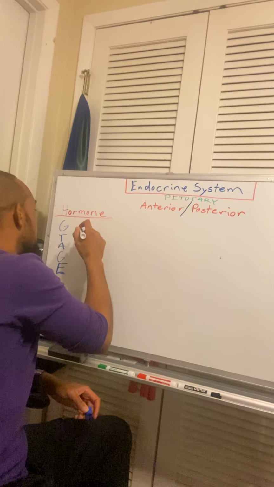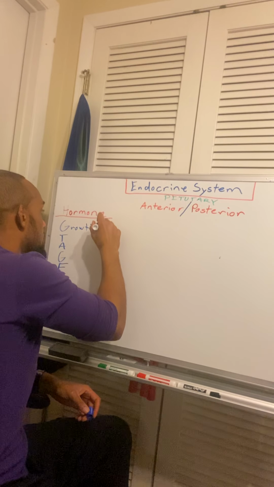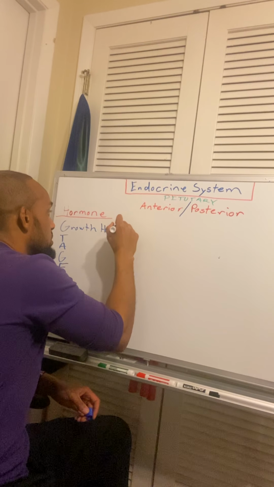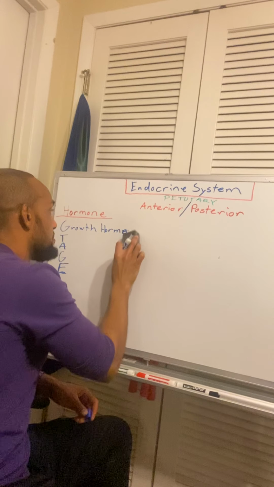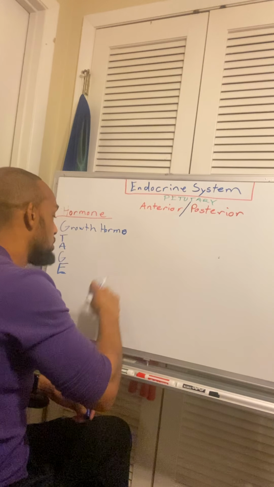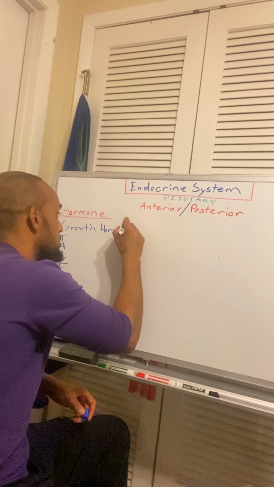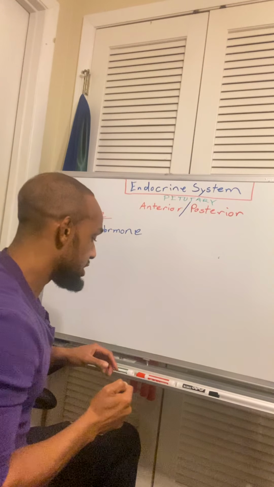All right, the first G stands for growth hormone. Now, the growth hormone is responsible for free fatty acid mobilization and gluconeogenesis, or it helps with gluconeogenesis. And what does gluconeogenesis mean?